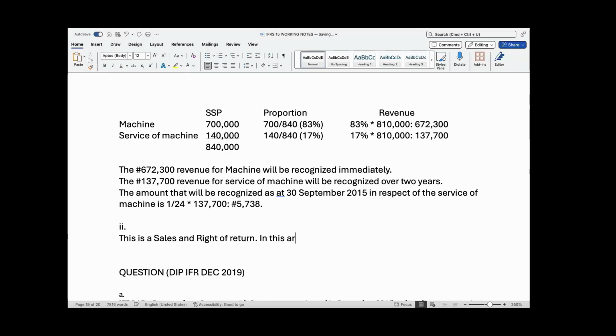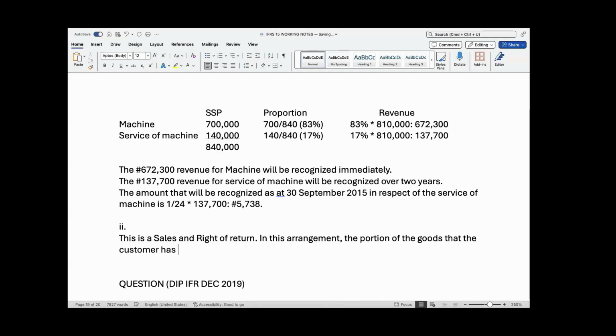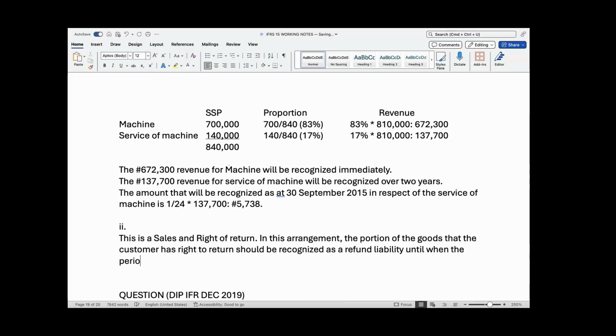In this arrangement, the portion of the goods that the customer has the right to return should be recognized as a refund liability until the period covered by the right of return elapses.